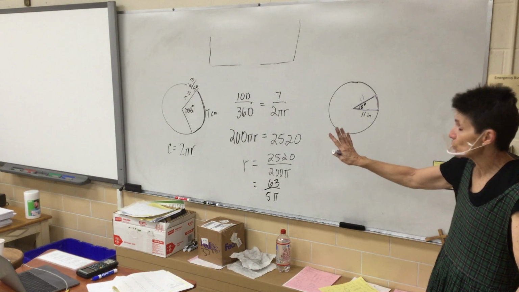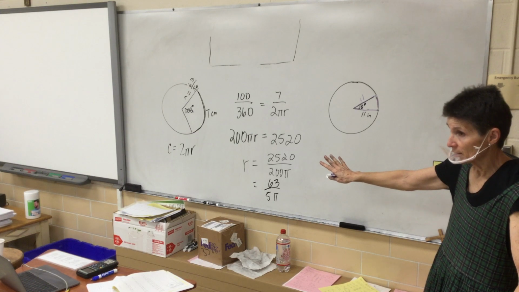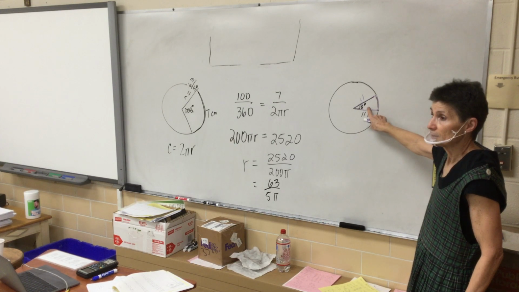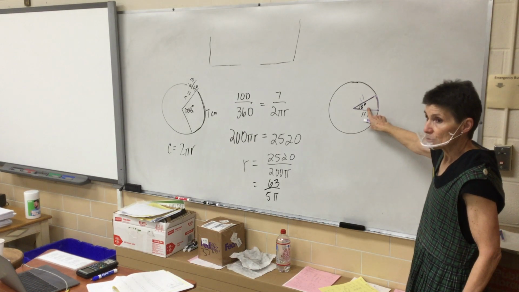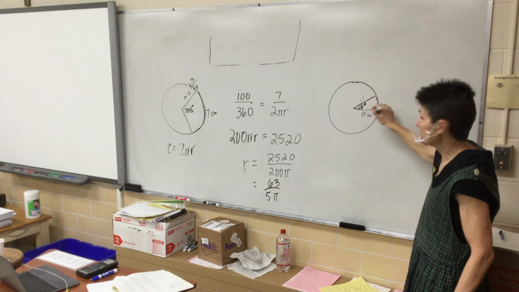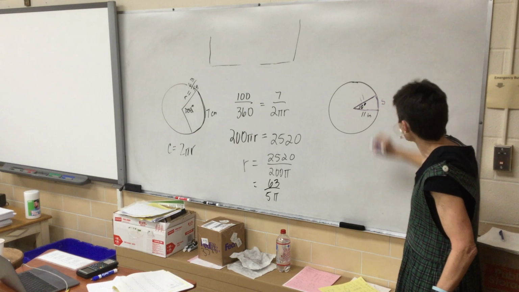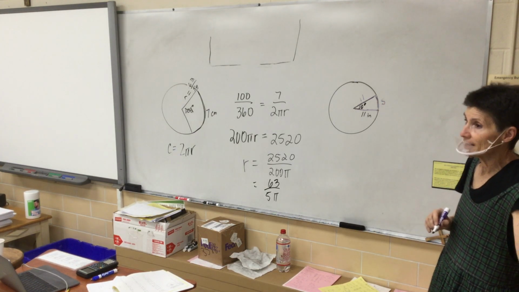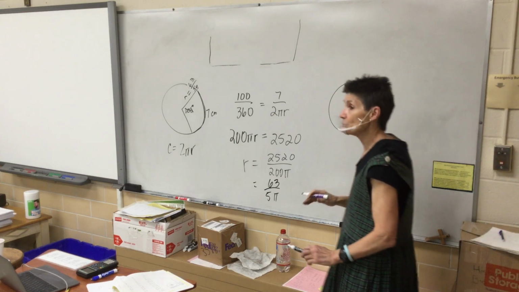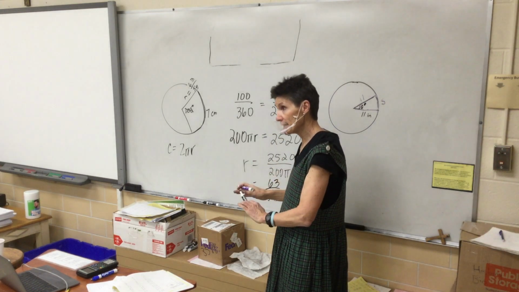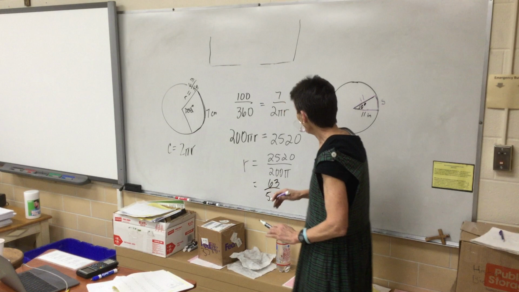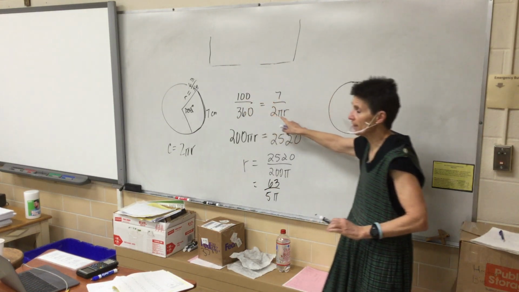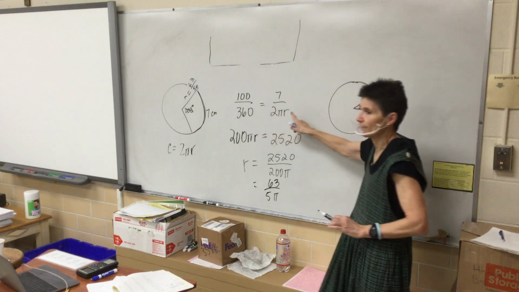Now, I just gave you two options to find arc length when you're getting degrees. So see if you can, one way or the other, find this arc length. I'll call it S, because that's what your book does. Let's see if you can find S, either by doing radius times radians, or by setting up a proportion like this one right here.